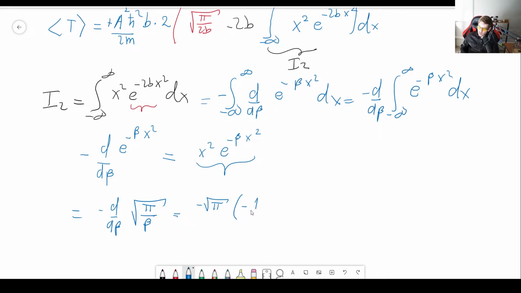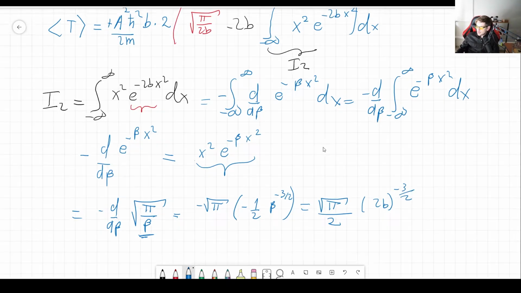That's minus 1/2 beta to the minus 3/2. I simply took the derivative of beta to the minus 1/2, which is what we had here. And now let's simplify this. Let's plug in the value of beta, which is 2b. So square root of pi, the minus signs cancel out, divided by 2, and then times 2b to the minus 3/2. Okay, so that's the result.